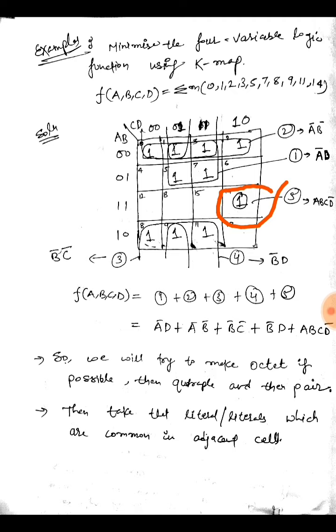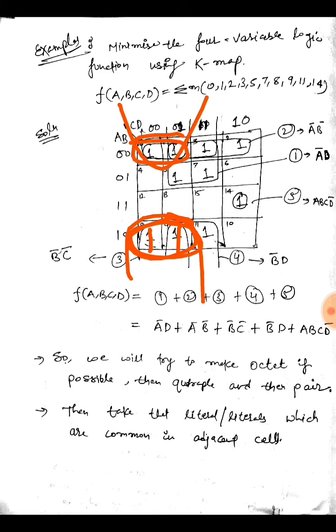Okay, so in this case you can see I have made this a quadruple, that is 4 ones are making a quadruple which are adjacent cells, then one more quadruple of 4 adjacent cells, then I have 2 ones here. I can make a pair, but these two cells are adjacent to these two cells, so I will make a quadruple.